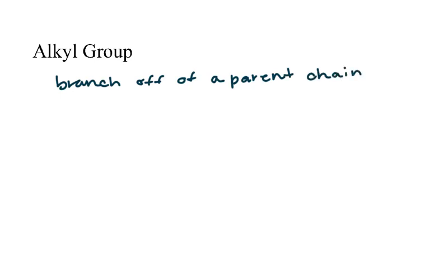So let's look at the first thing we're going to chat about. It's going to be an alkyl group. Alkyl groups are a branch off of a parent chain. And a parent chain, just to recap, I know I mentioned it a little bit in the first video, is the longest continuous chain of carbons.